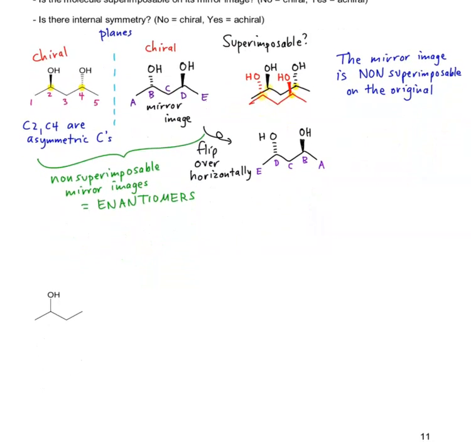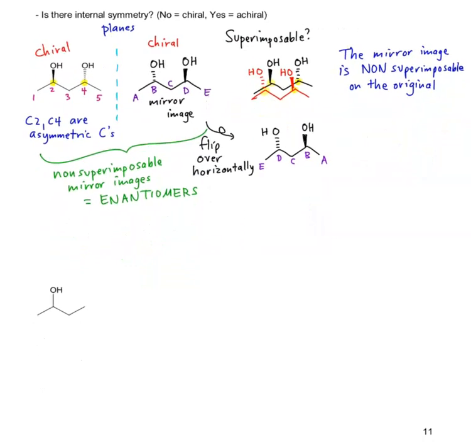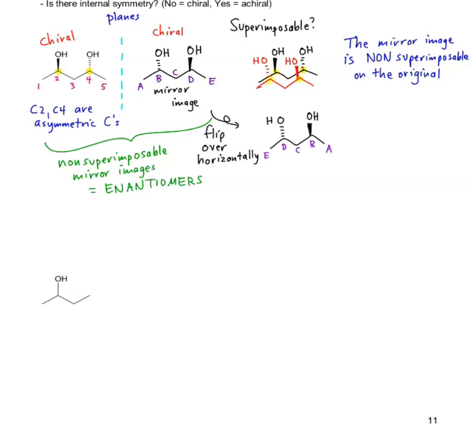Let's do another one. So this one might seem super easy because there's no stereochemistry shown. Instead, what this is, is what's called a constitution. The constitution is like a Lewis structure without any stereochemistry.